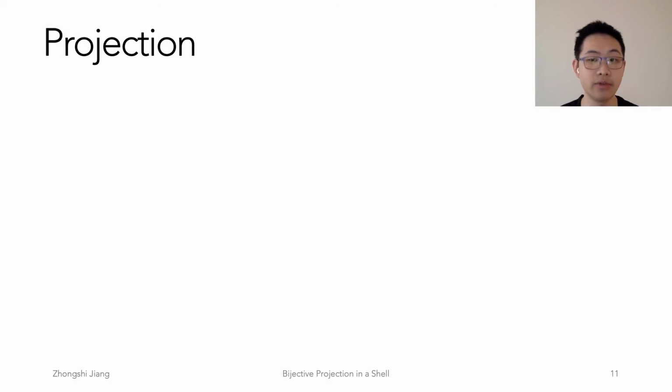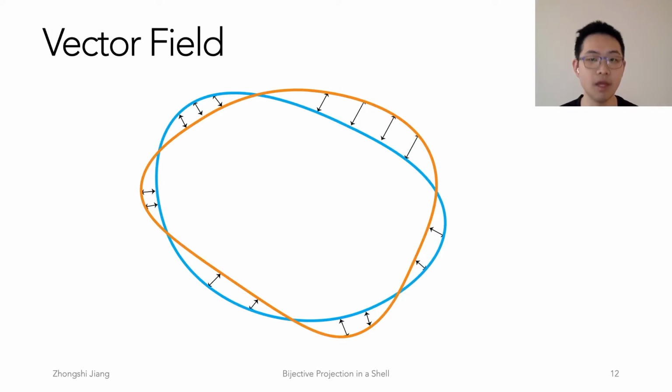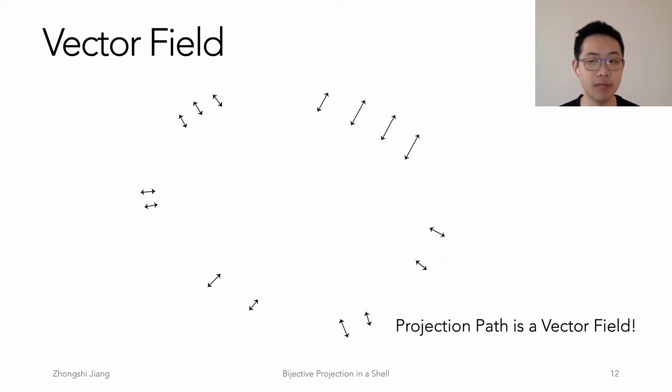So we decide to revisit the projection. To better understand the problem of bijectivity, we look at our two meshes projected onto each other. Taking a closer look at the path of projection, it can be seen as a vector field in 3D, and we can look at this vector field design problem in the space.